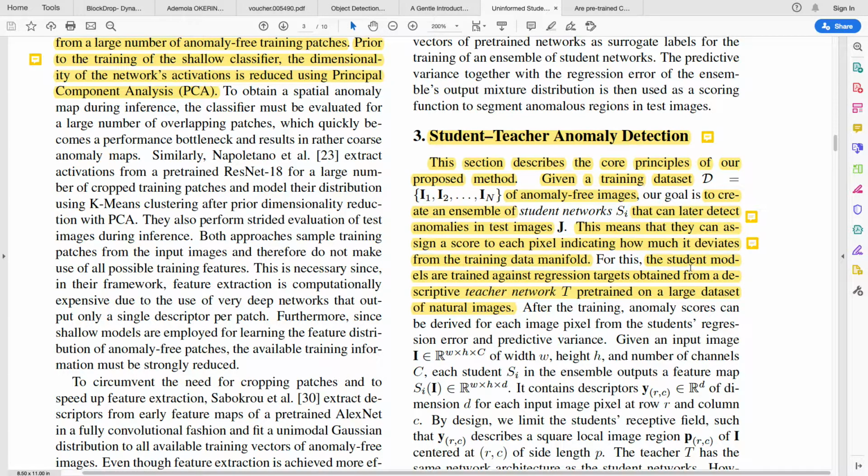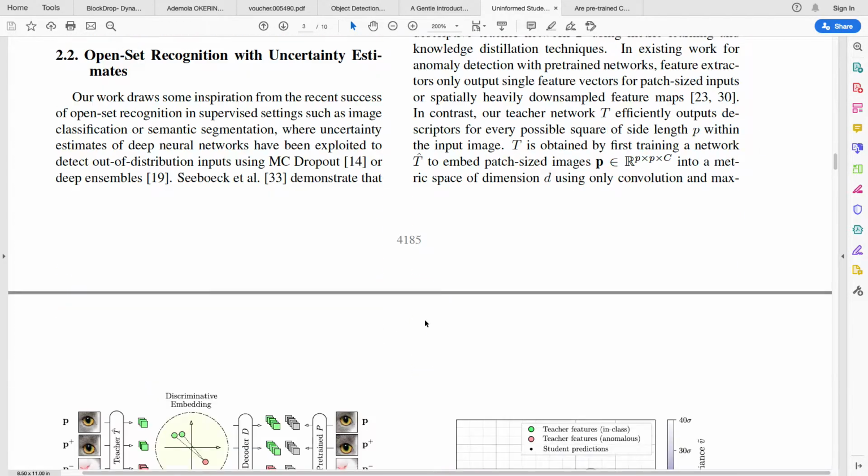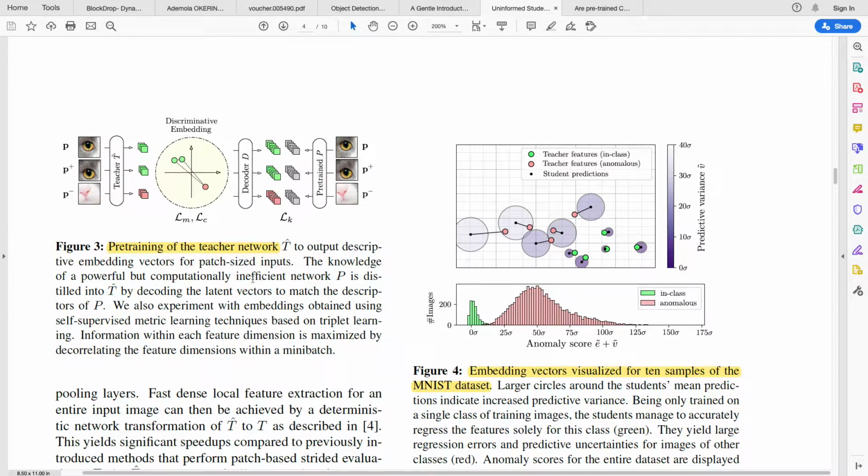So for this, the student models are trained against regression targets obtained from a descriptive teacher network T pre-trained on a large data set of natural images. So this is the teacher network, which we will come back to and look at in details.